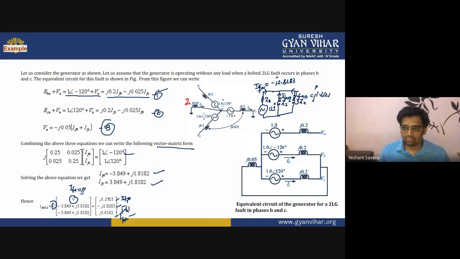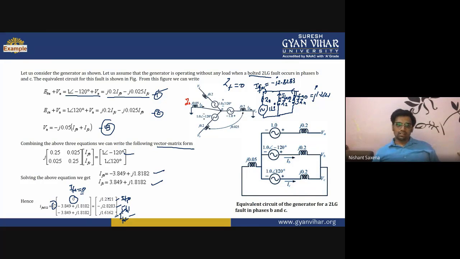You have seen that I have not included the fault impedance. Why? Because it has been given in the question that the fault impedance is equal to 0. That is, it is a double line to ground fault, so your ZF is considered to be equal to 0. I hope this is clear to you.